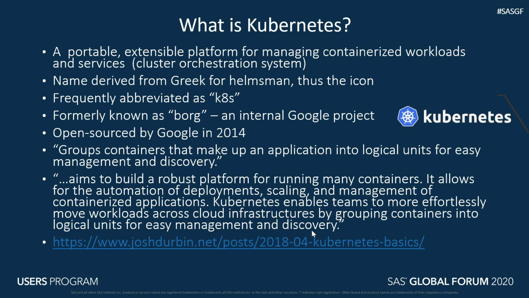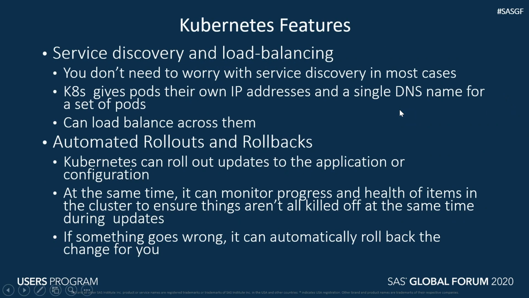So Kubernetes enables teams to work with containerized workloads, multiple containers, in a much easier manner than you would normally have to otherwise. Kubernetes has some features: service discovery, load balancing, and being able to share things between containers. You don't need to worry about service discovery in most cases. It's going to take care of it for you.